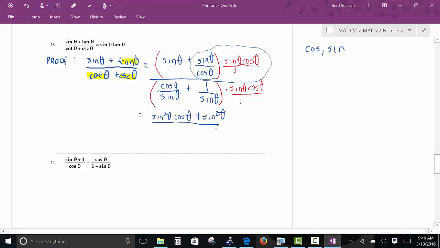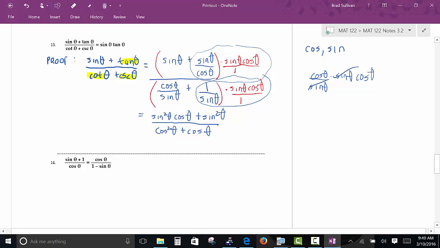All right, now go to the bottom. I'm going to write some of this to the side because I don't want to mess my pretty proof up. If you don't see this, when you take this thing in red times this, you're left with cosine squared theta. Then you're multiplying this by this. I'll draw a circle around that. What cancels? Sine. So you're left with cosine theta like that. So that's the idea.